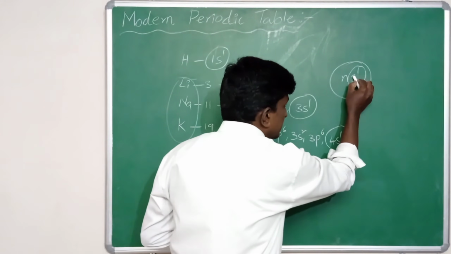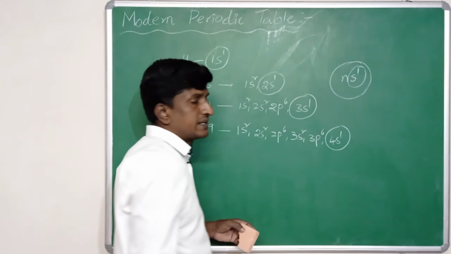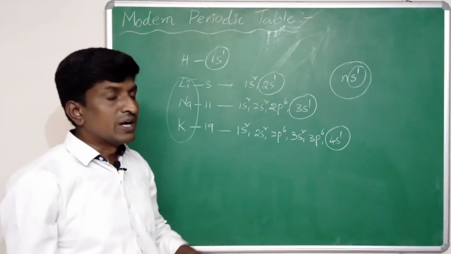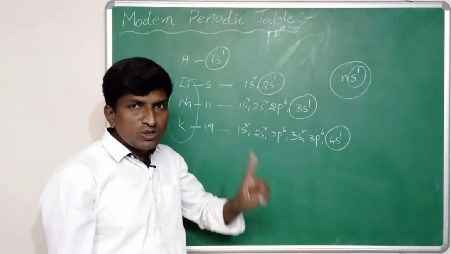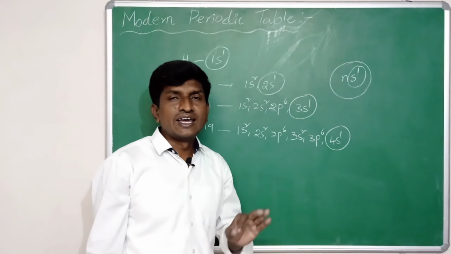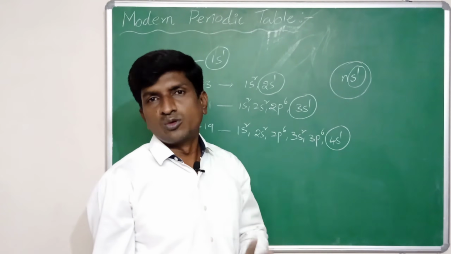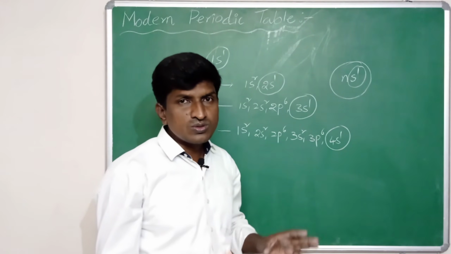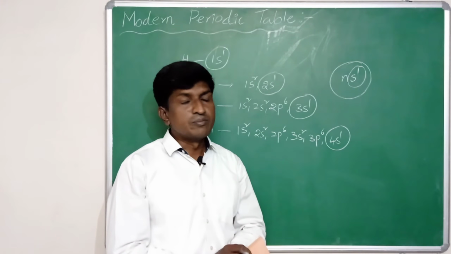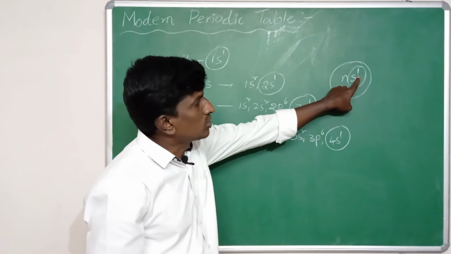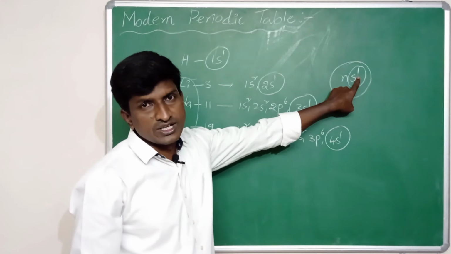So ns1 decides that group, and these elements in one group are said to be an elemental group or chemical group.